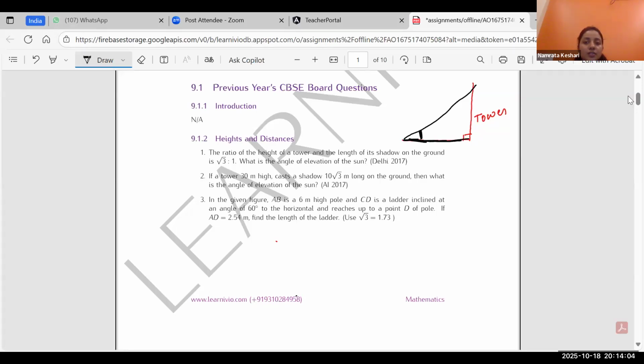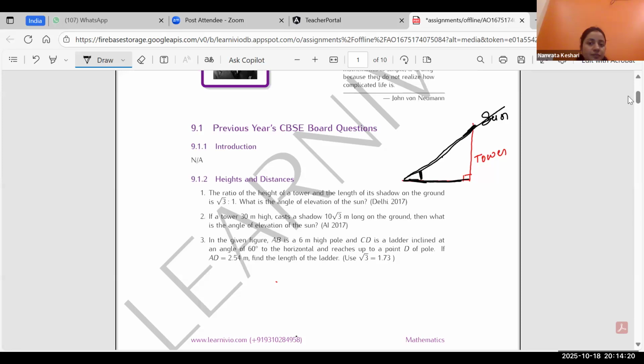Sun is somewhere here. If you can see here, we'll get a right angle triangle. Actually, this line will keep on going till the sun. Can you see? Yes, ma'am. Since it goes through the top of the tower, we end up getting a right angle triangle.